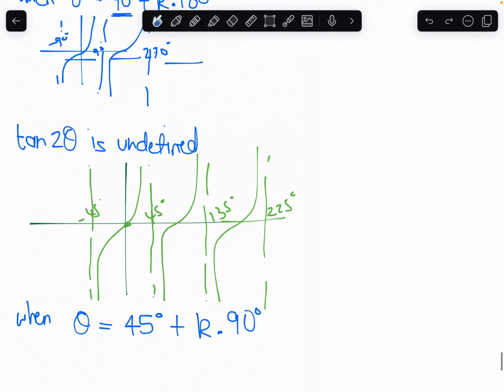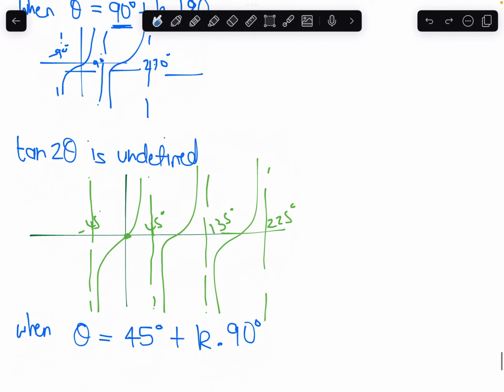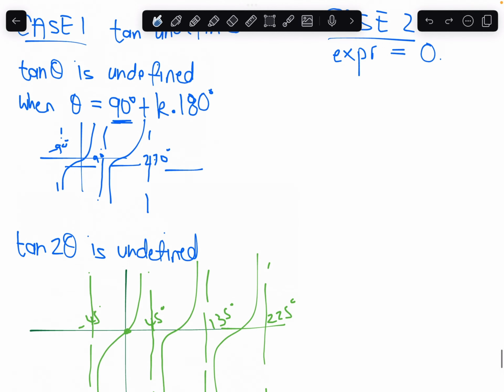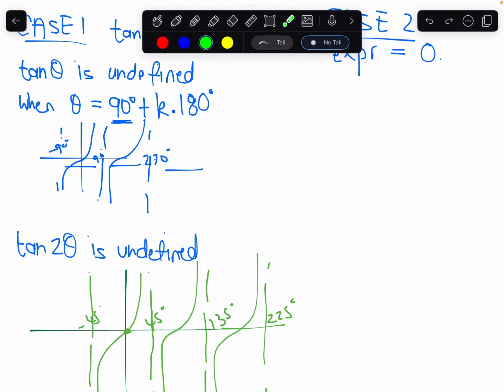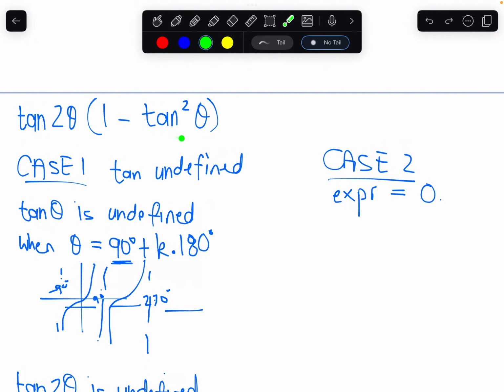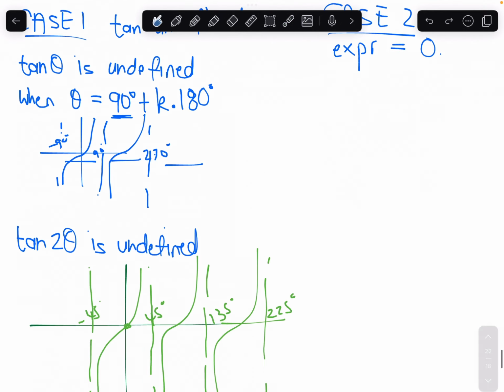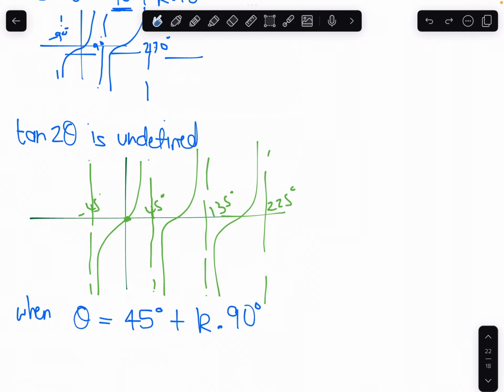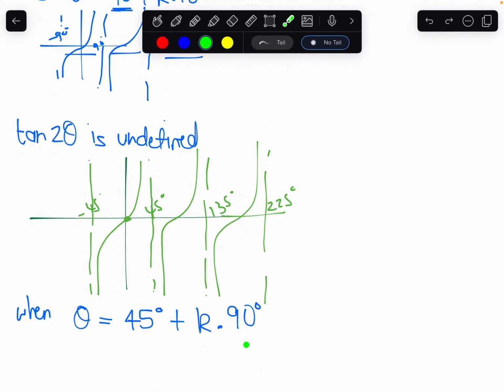So we now have two scenarios. We have the two tans being undefined: A, when theta is 90 plus k 180, and B, when theta is 45 plus k 90.